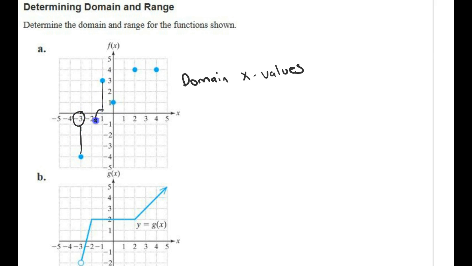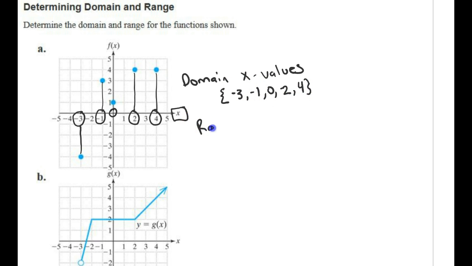This dot has a corresponding x value of -1. This one has a corresponding x value of 0, 2, and 4, right? The x values. So if I was to write that, -3, -1, 0, 2, and 4.